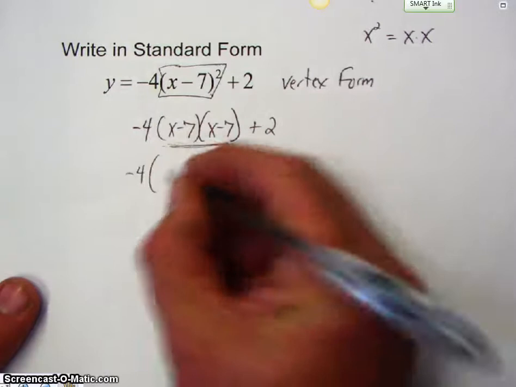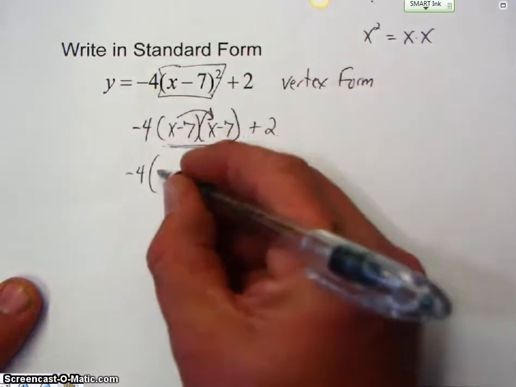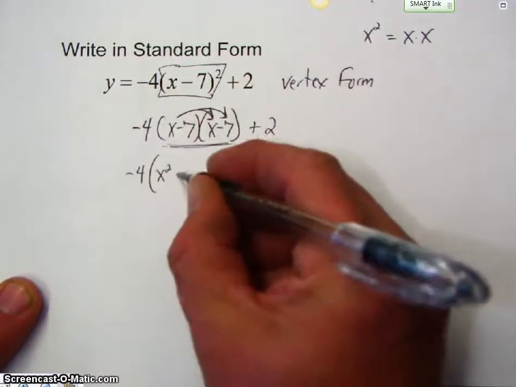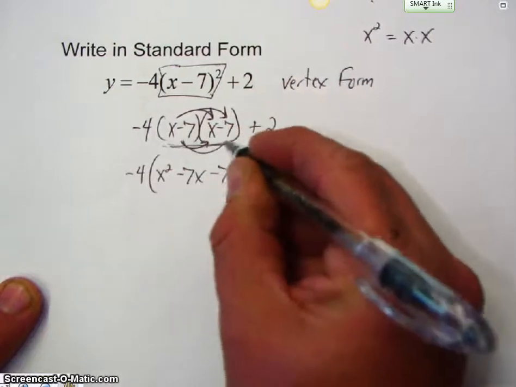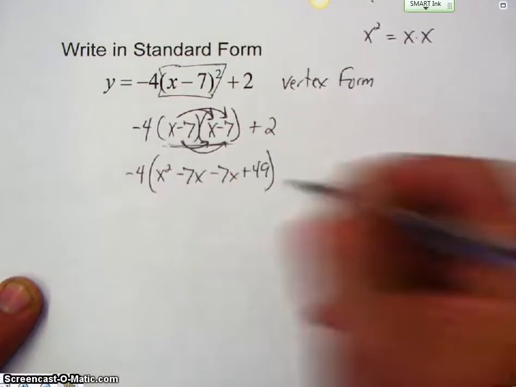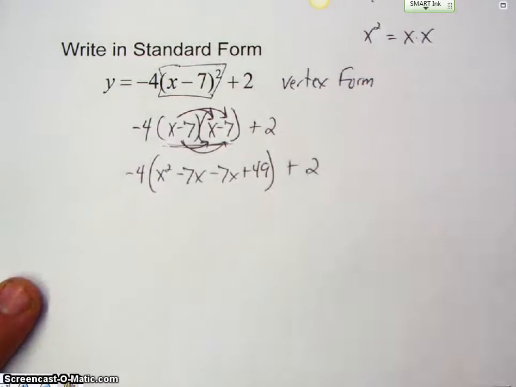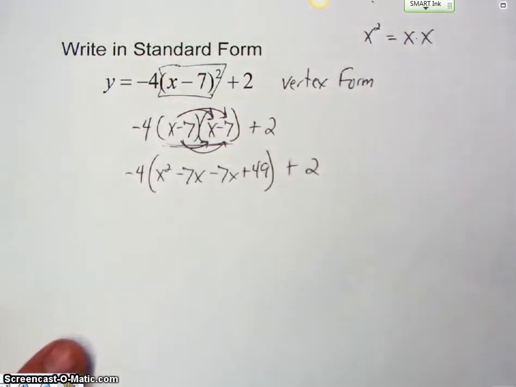Now we keep that. FOIL, so x times x is x squared minus 7x minus 7x plus 49, parentheses, and then add the 2 at the end. Now we distribute.